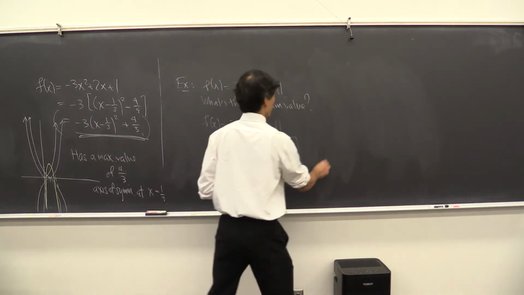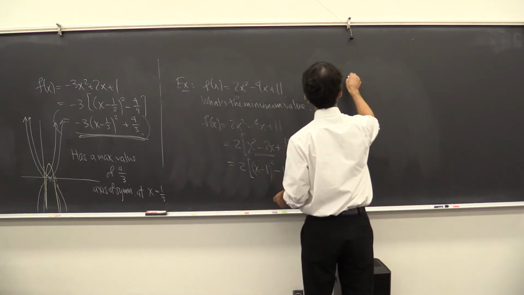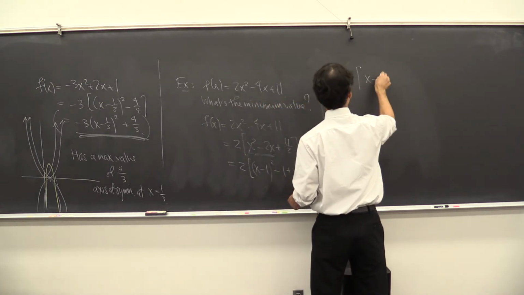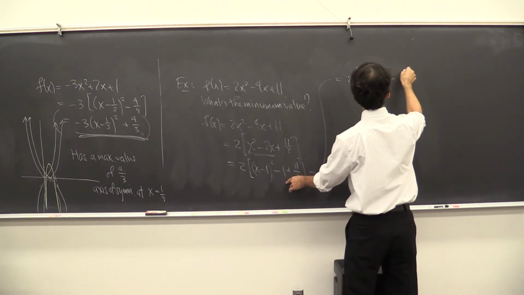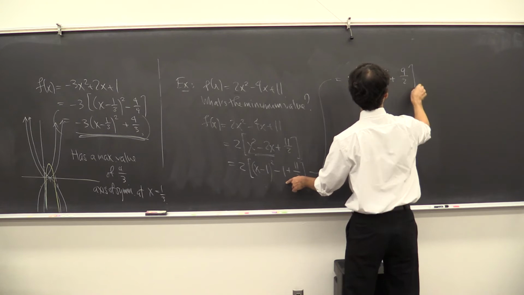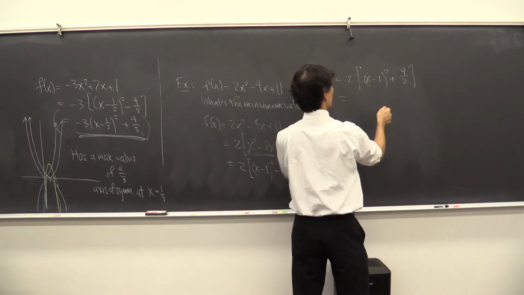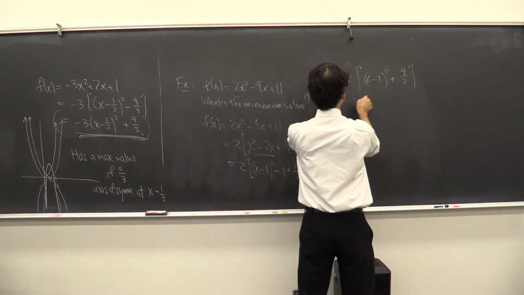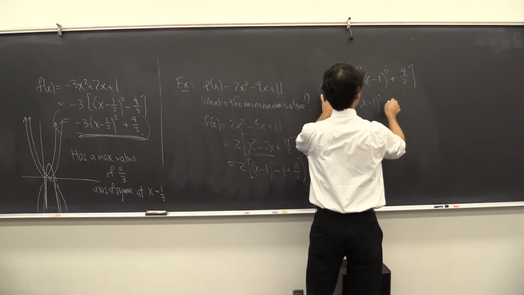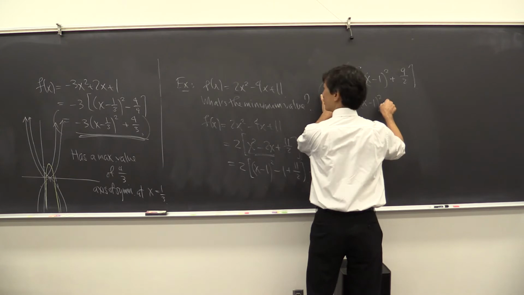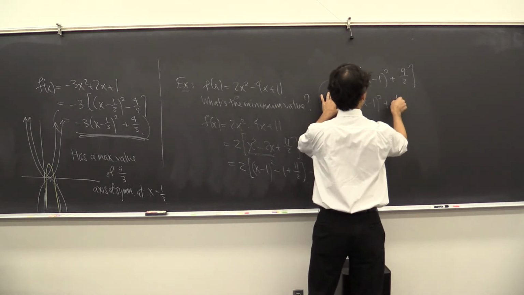And so that turns into twice (x minus 1) squared, plus 9 halves, which we could leave that way if we felt like it, but in terms of figuring out the maximum value, it's easier to multiply here, so we get 9.